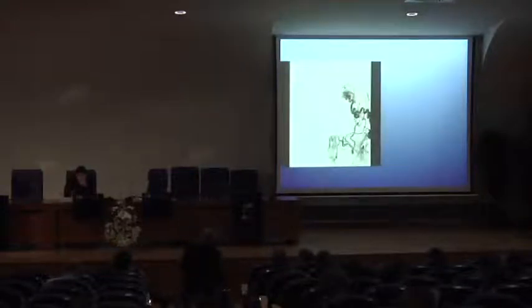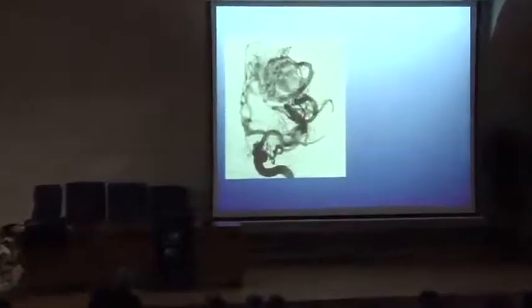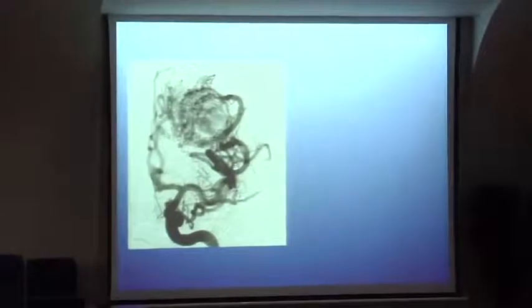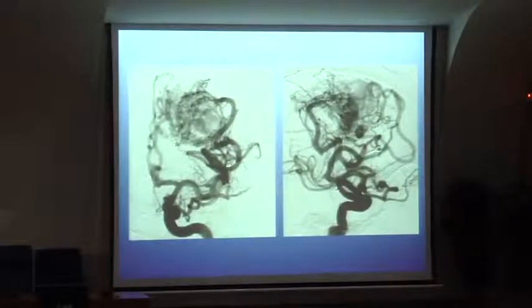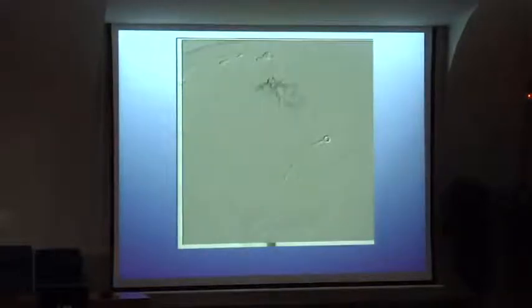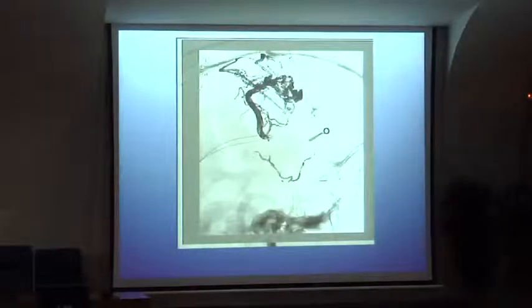Next. And this is the superficial temporal artery. Only with this pedicle. Next. I initially treated by cerebral anterior or middle cerebral artery with classical technique with Onyx or glue. Next.